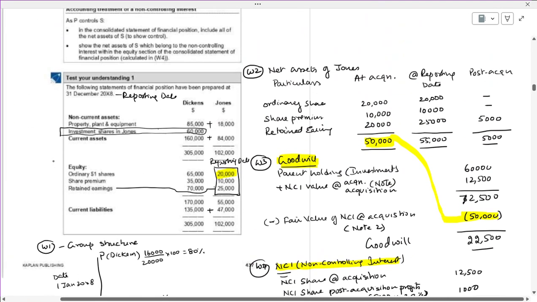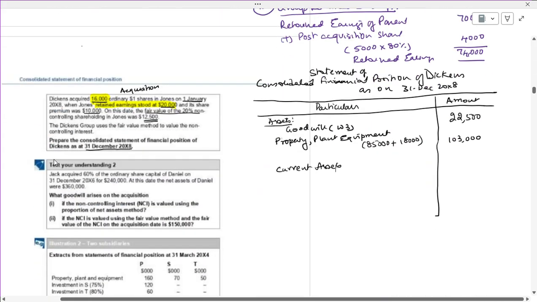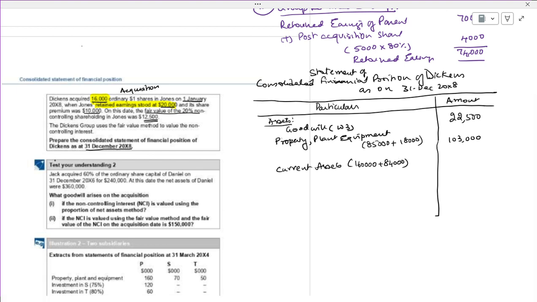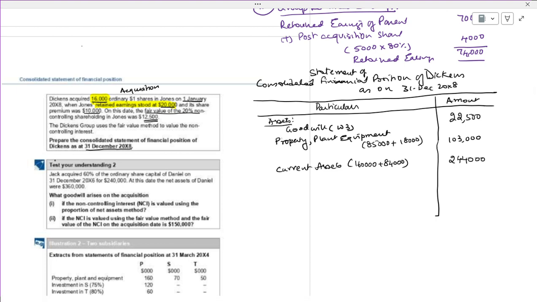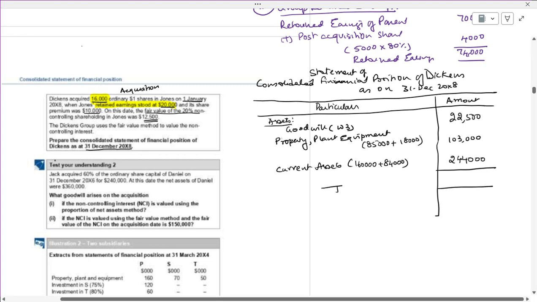How much are the current assets? 160 plus 84, which comes to 244. Total: 369,500.